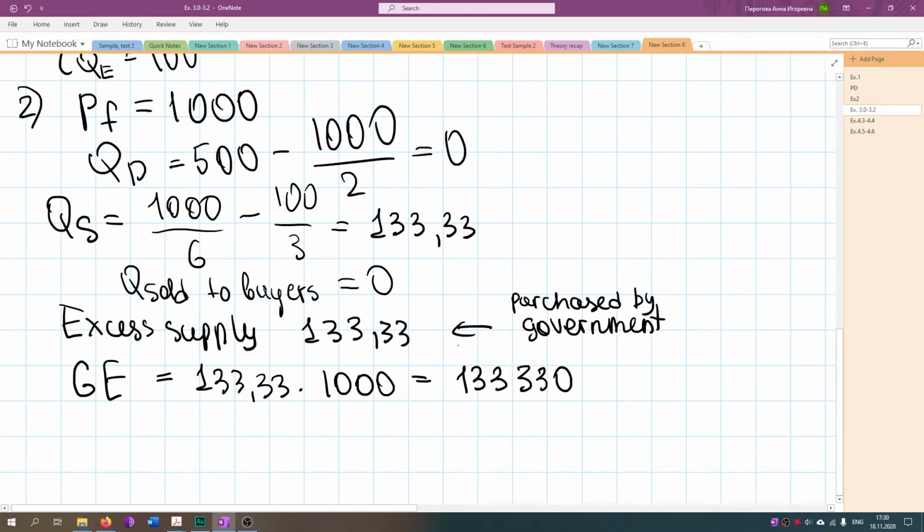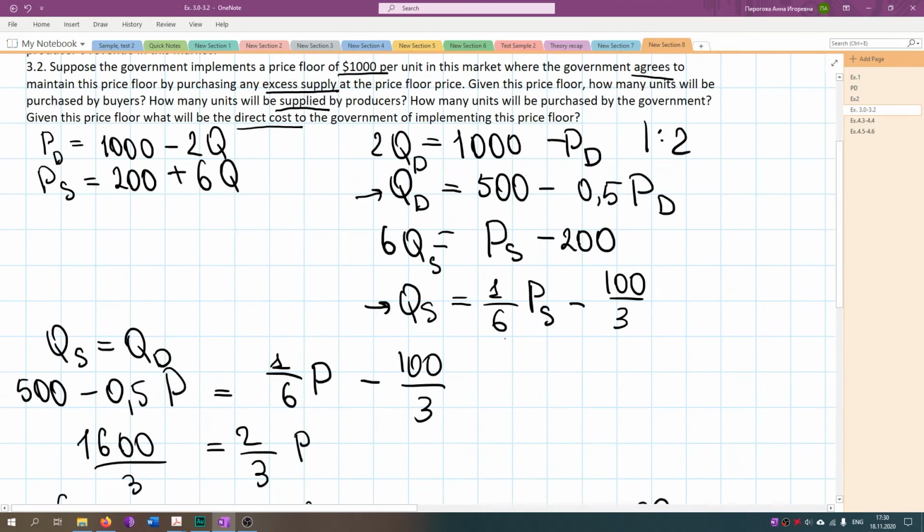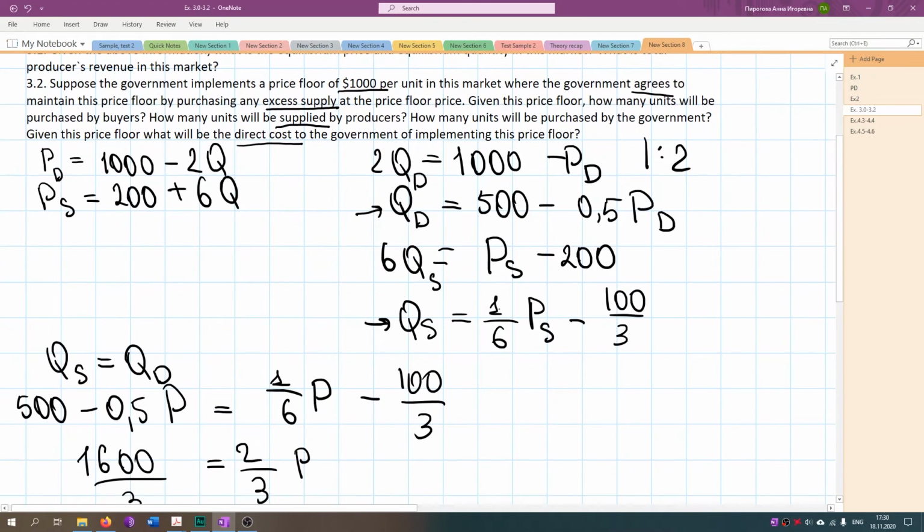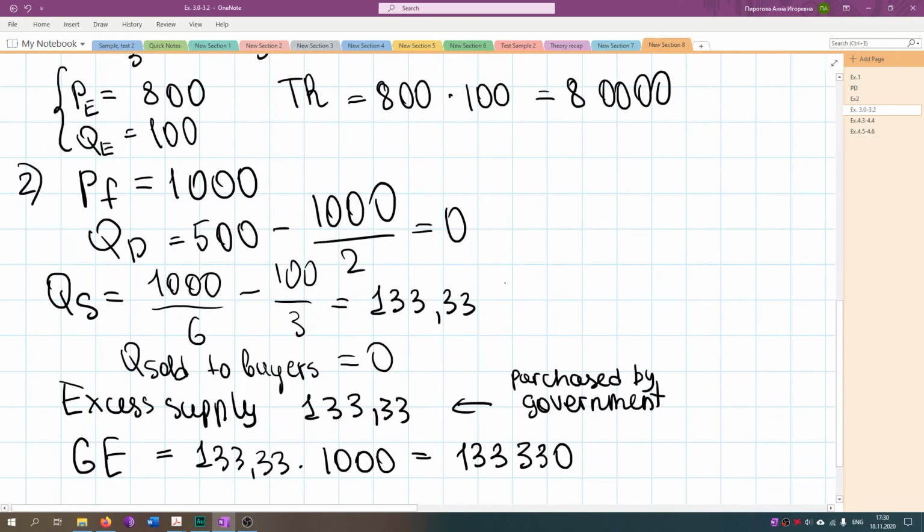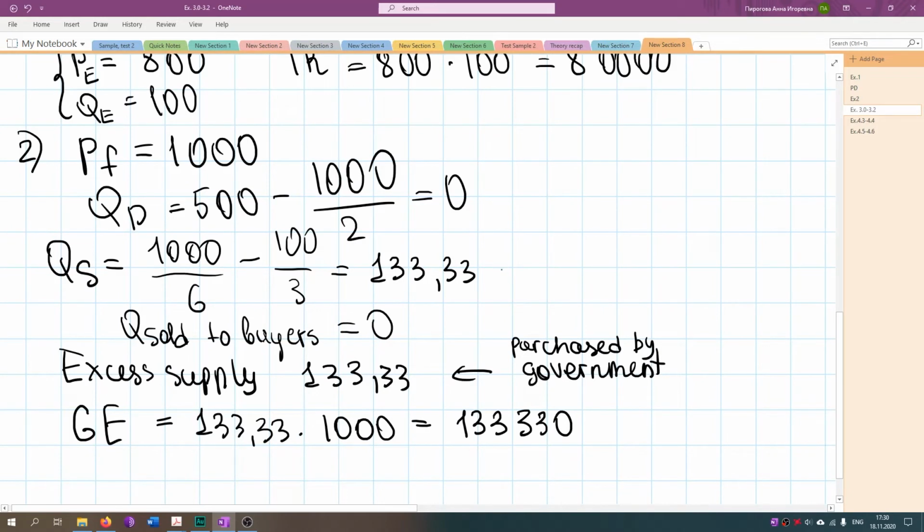And basically it is the direct cost of the government of implementing this price floor.